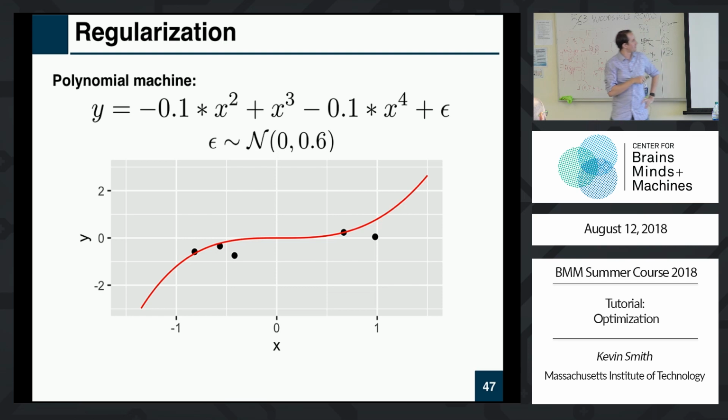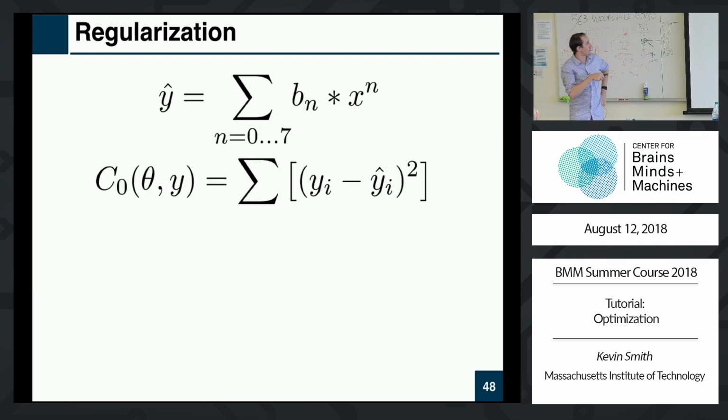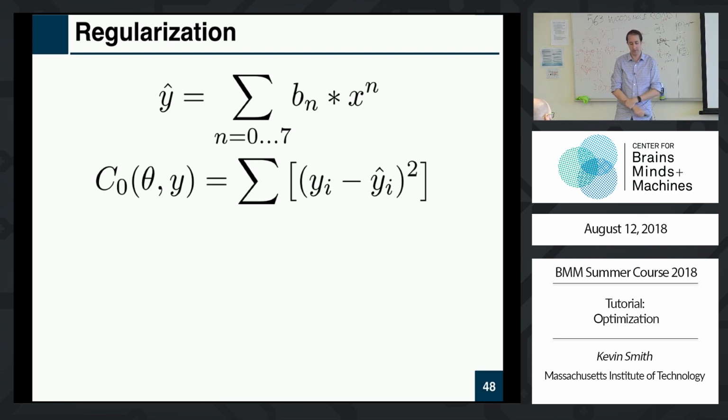Well, the actual function looks like this. It's just a cubic quartic polynomial plus some noise. And I'm telling you that just to give you some sense of what's going to go on when we start fitting things. Because now that we have these 5 points, we can take some arbitrary function, which is the sum of these betas times x to the n, and that gives us our prediction, and we get a cost function that's just the sum squared difference between our observations for that point and the prediction.